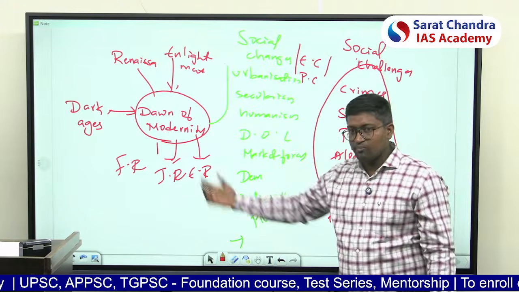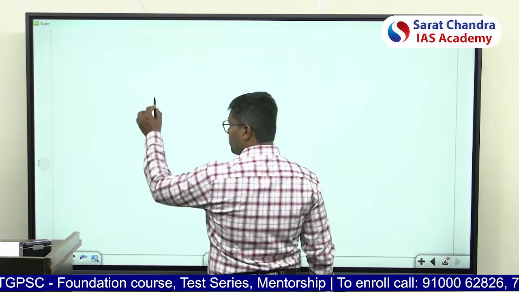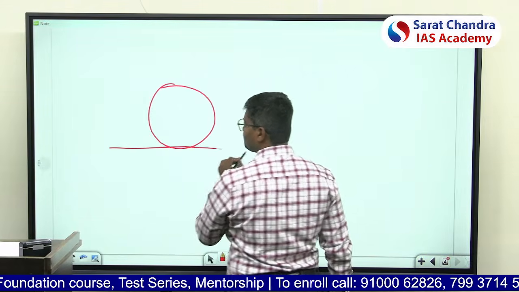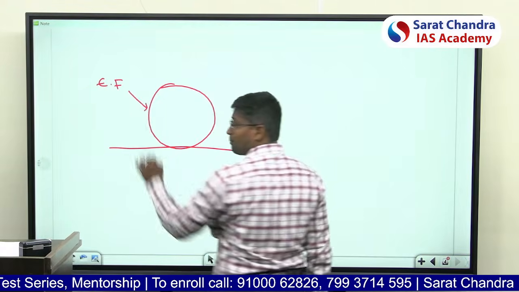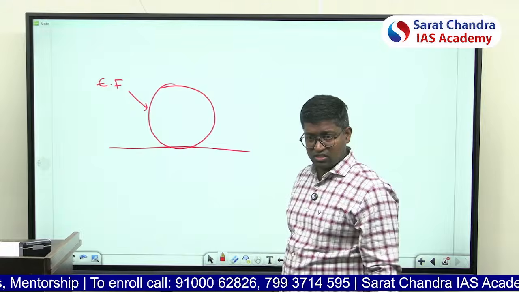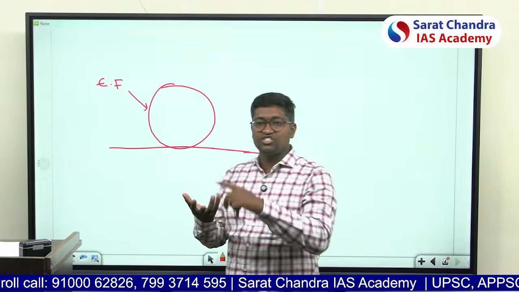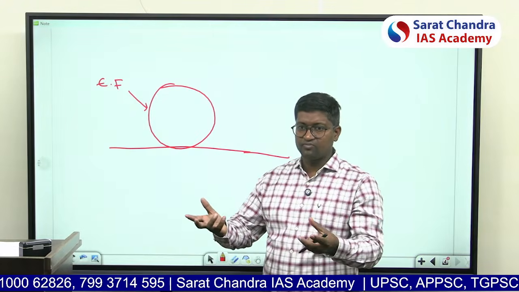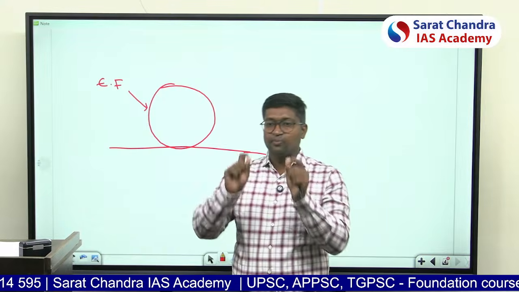Or you can also talk in this context: Europe was stagnant, and an external force was applied on this stagnant European society. That external force was the Renaissance, French Revolution, and Industrial Revolution. Why I am talking about 2-3 perspectives is that this is a question which is bound to come.